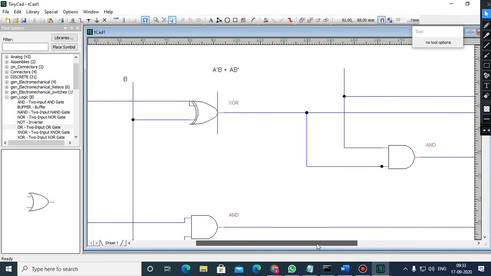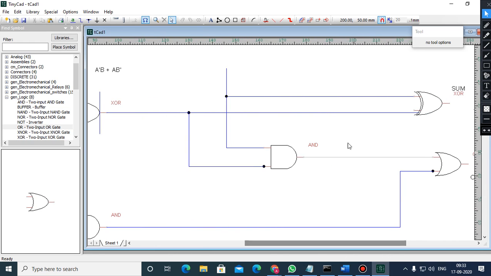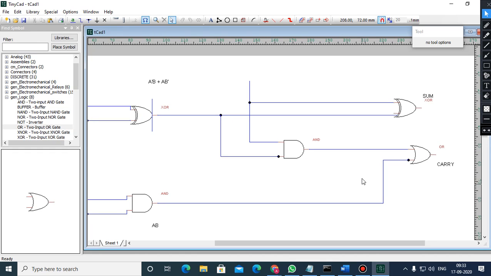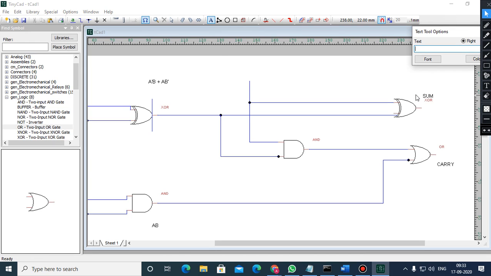I'm just going to explain this part because till now I have not explained. This part is actually C, the third input.